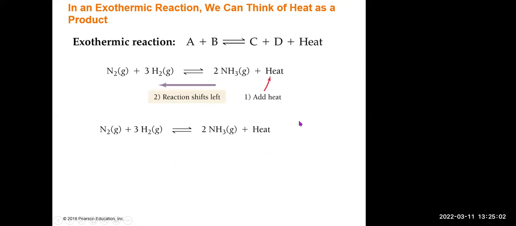And so we can either add or take away. If we take it away, which means we decrease the temperature of this reaction, then your reaction tries to make up for what it did. If you remove heat, it tries to produce heat by shifting to the right.